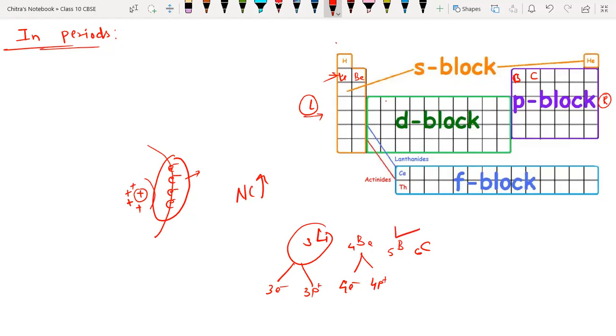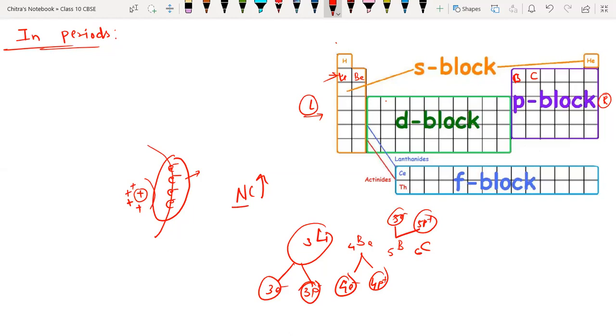For boron we have 5 electrons and 5 protons. It means with an increase in electrons, protons also increase in the nucleus of an atom. Yes, sir. So if the number of protons increases in the nucleus, it is called nuclear charge increases.